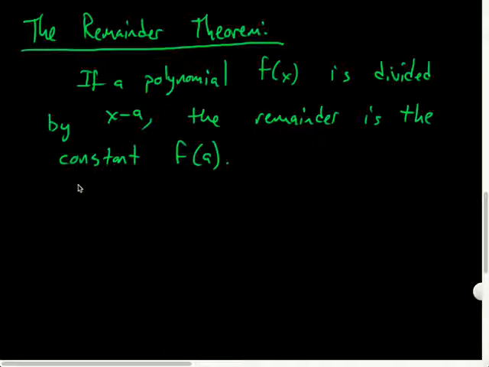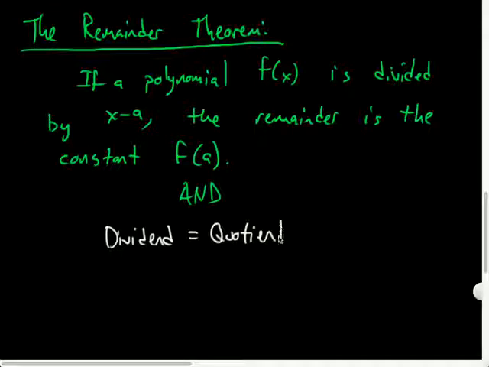But the remainder theorem is actually not done. There's another cool little fact, which I think I might have shown you before. I'll use the words first. The dividend is equal to the quotient times the divisor plus the remainder.